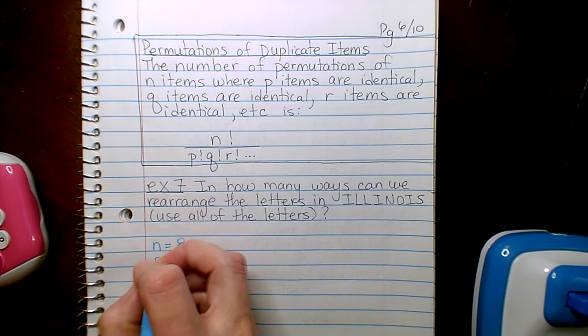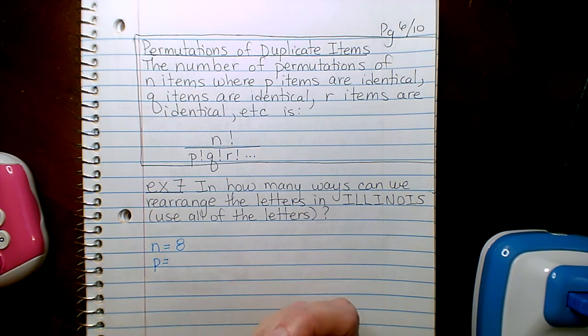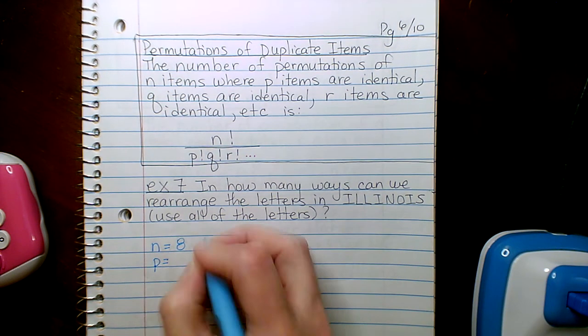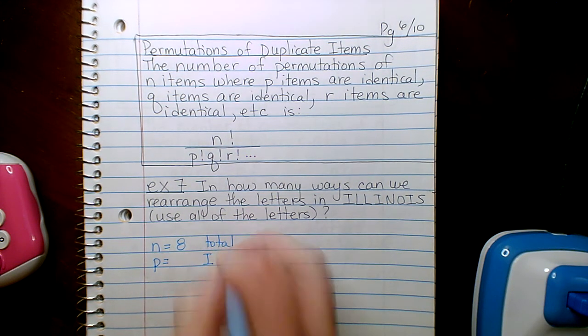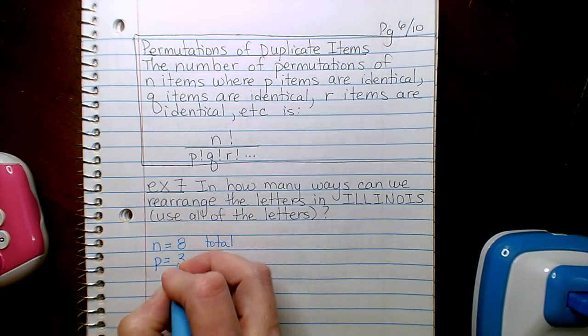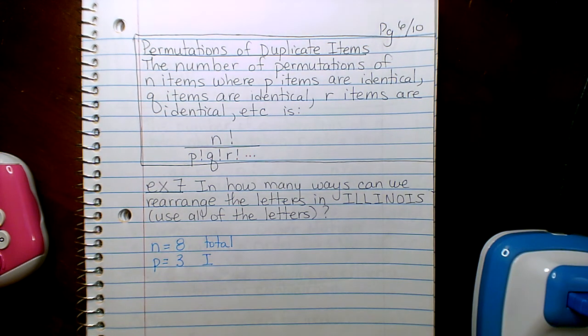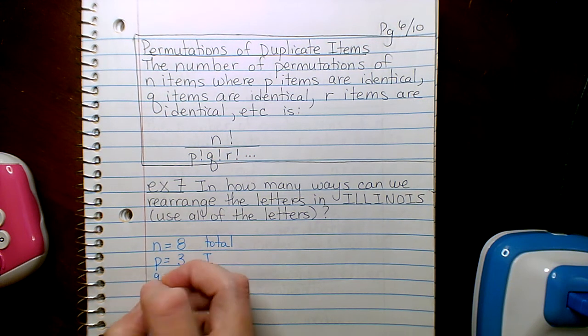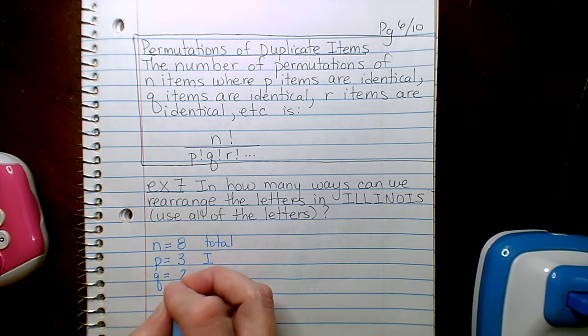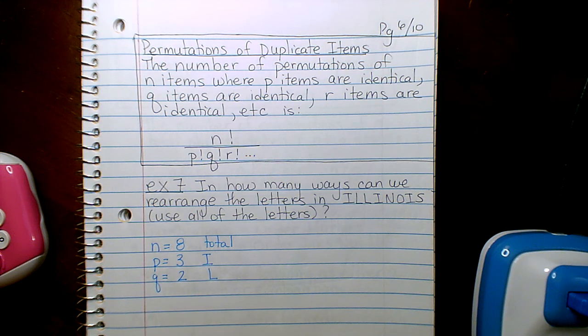So let's say that P represents, let's see, I is a duplicate letter. How many I's are there? 1, 2, 3. L, so let's say that's Q. There are 1, 2 L's. What else? Is that it? That looks like it. I hope that's it.